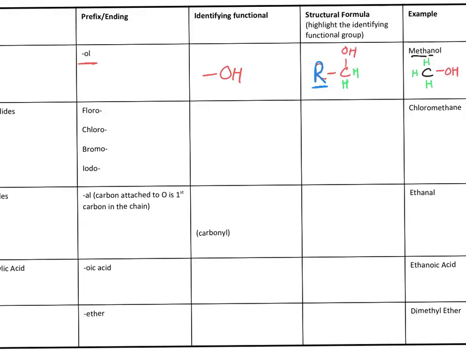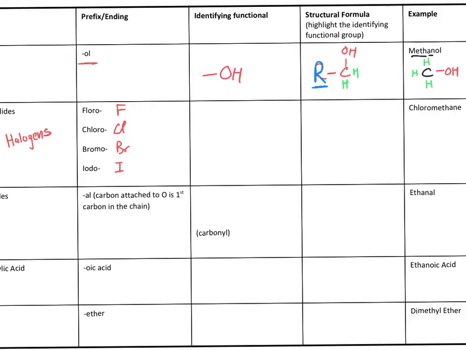Now, alkyl halides are anything that comes from the halogens on the periodic table. So it'd be a fluoro, a chloro, a bromo, or an iodo.